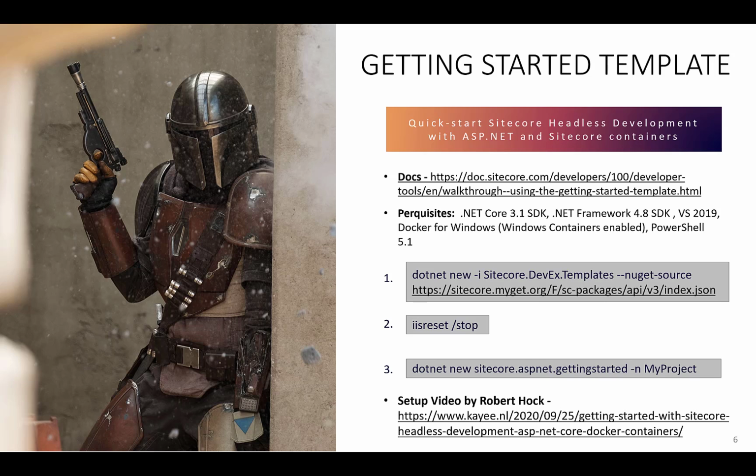I'm going to be using a slightly modified version of the Getting Started template for this demo. The Getting Started template is a sample environment provided by Sitecore to try out Sitecore development with ASP.NET and Sitecore containers. You don't need to use Docker to use the ASP.NET Rendering SDK, but using the Getting Started template will save you a lot of time if you want to experiment with this.